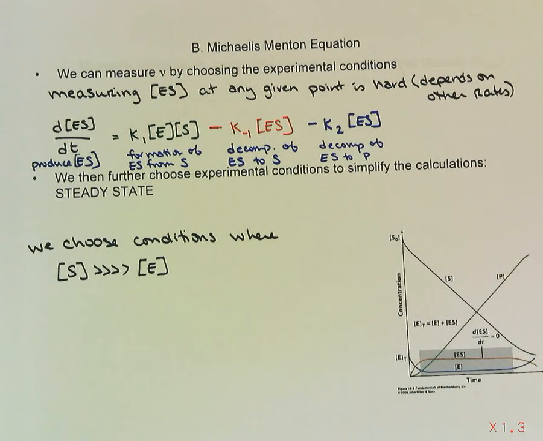So let's choose conditions where this concentration of substrate is much greater than concentration of enzyme. What did we talk about like 20 minutes ago that may play into this? Enzyme is now the limiting reagent, and substrate is in excess, which means we know how it should perform.